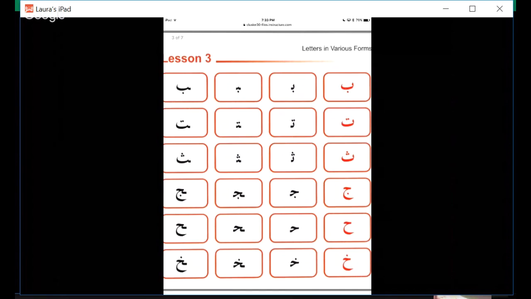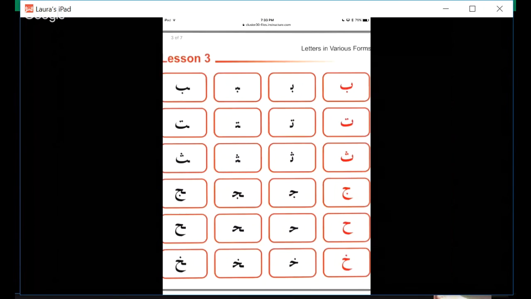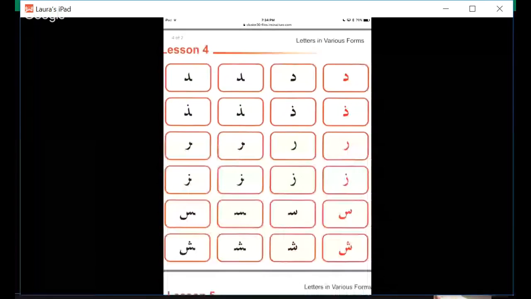Okay? Our next chart shows dal, thal, ra, zay, seen, and sheen. Okay, dal we know is one of those one-way connectors. So it only has two shapes. So you'll notice it doesn't change much.